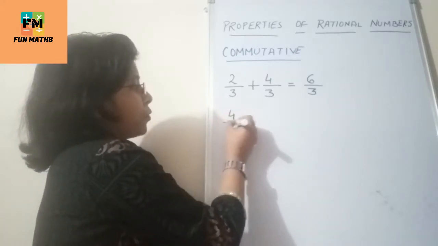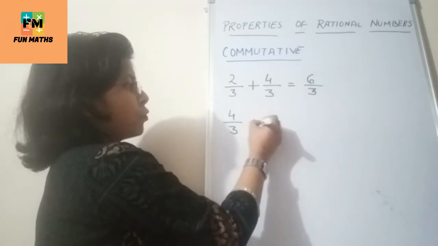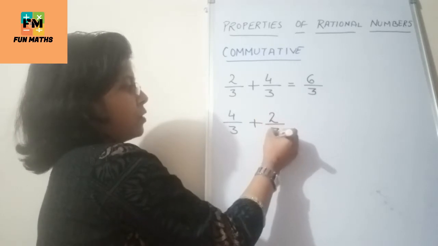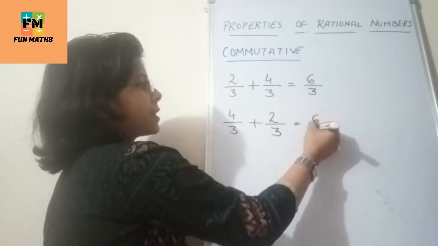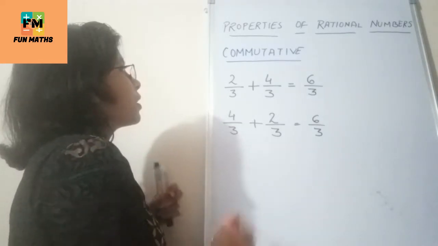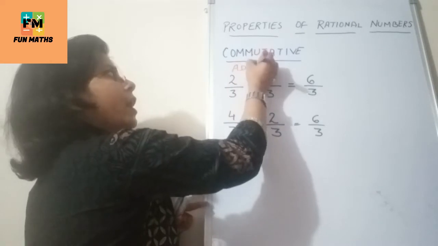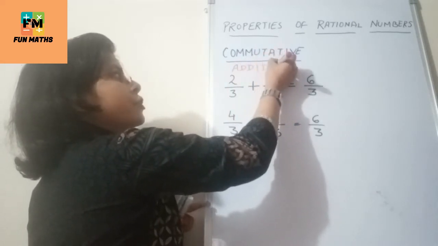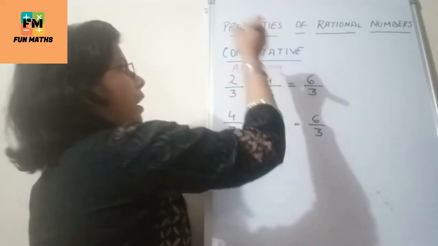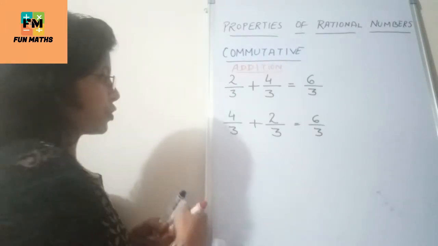So 4 by 3 we write first, then 2 by 3. Again we got 6 by 3. So what can we conclude? Yes, we can conclude that rational numbers are commutative under addition, right? Now let's check with subtraction.